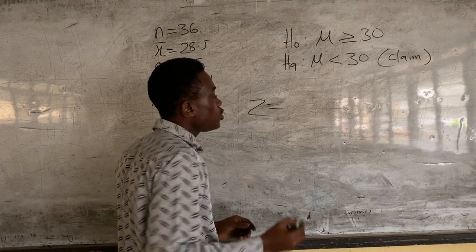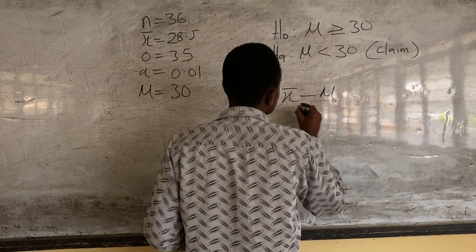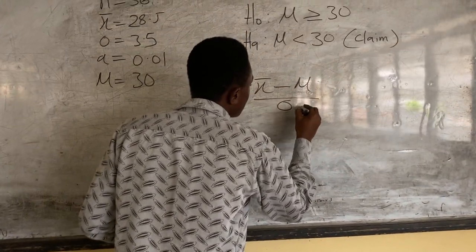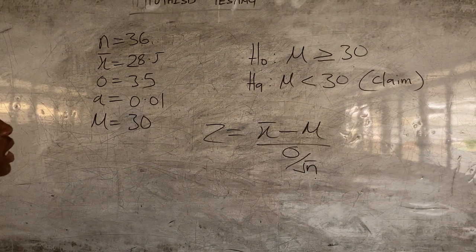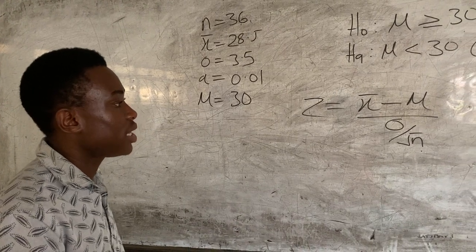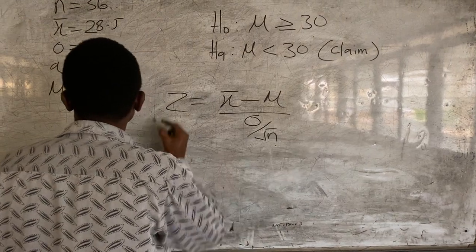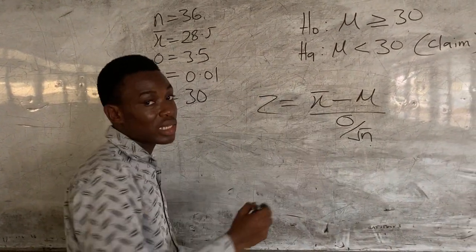Now we have our z to be x bar minus mu over the standard deviation all over the root of n. This is known as the test statistic.